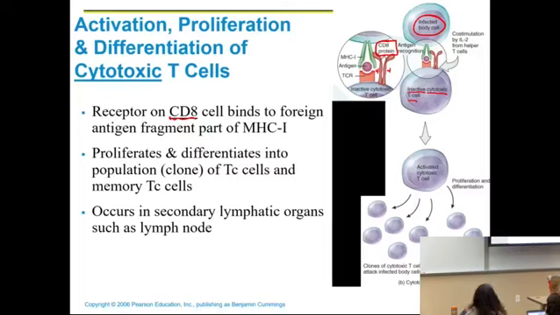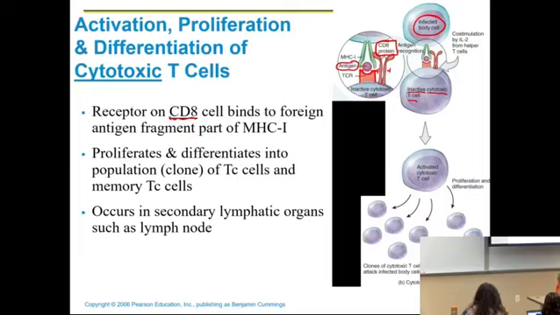So there is a second receptor that you see right here. The T cell receptor is inspecting the MHC1 molecule to see if there is any foreign antigen in there as well. So first we check the MHC1 molecule with the CD8. We say, okay, you're on our team. Now we want to see if you're healthy.